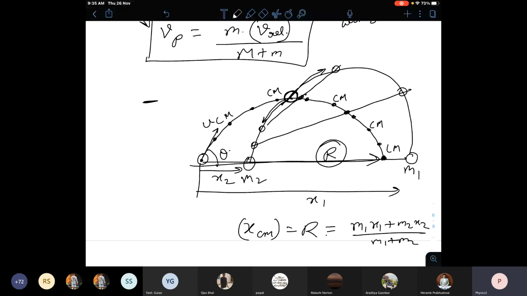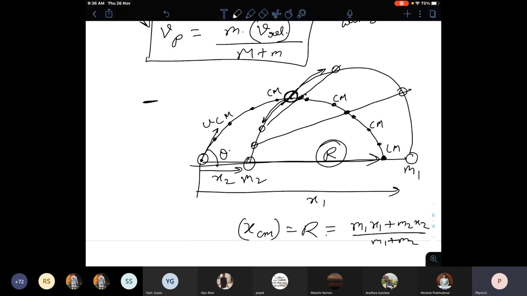One of the values will be given. Like they will say that the second particle, the m2 particle, falls back to the initial point of projection. So x2 will become 0. Sometimes they will say that the second particle just falls vertically downwards. That means x2 will become r by 2, and so on.